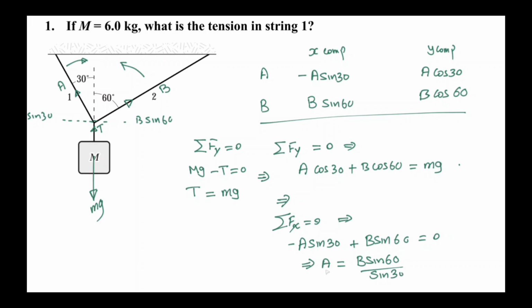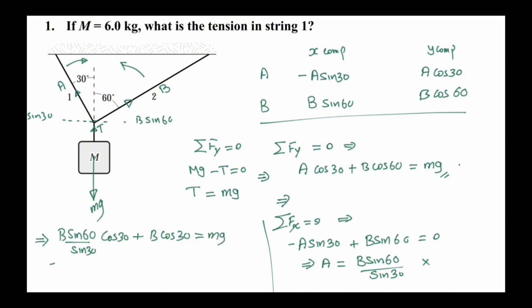You substitute this A back in, and you will get B sine 60 over sine 30 times cosine 30 plus B cosine 30 equal to mg.